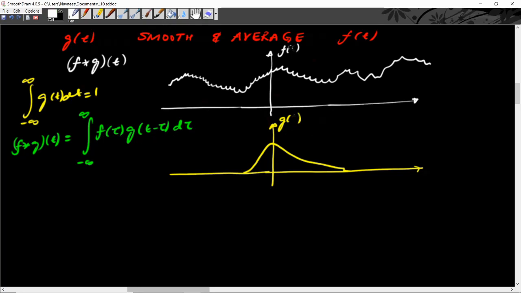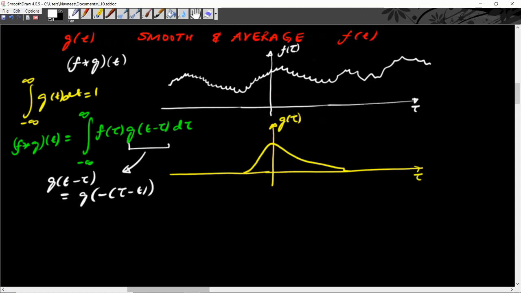So we can replace this t with tau, because we have in this definition of convolution the functions f and g are functions of tau. So if you look at this term over here, what we have is g of t minus tau. That also means that this is g of minus tau minus t.